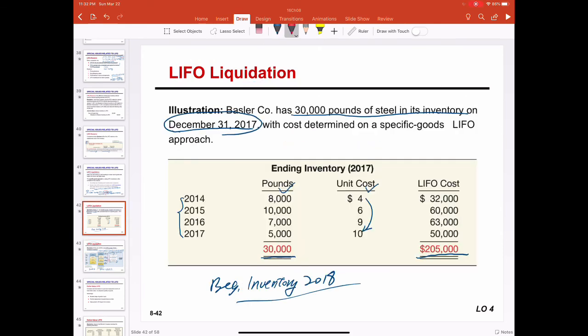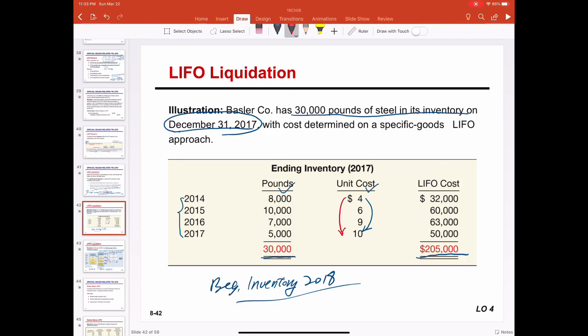The reason resulting in LIFO liquidation or LIFO reserve is that the price changes year from year. In this example, the price keeps increasing. So that's the underlying reason. If we can remove the effect of price changing, there will be no more LIFO reserve or LIFO liquidation. If we can partially remove the effect of the price changing, we can mitigate the effect of LIFO liquidation.